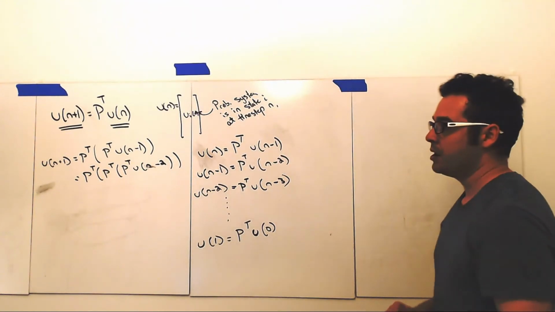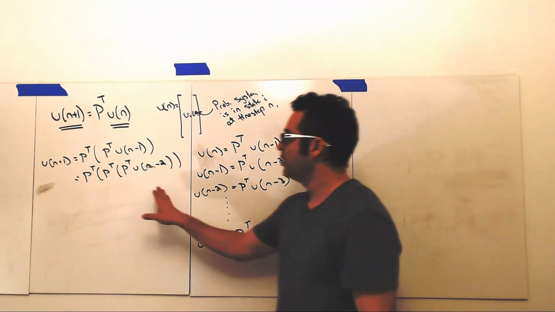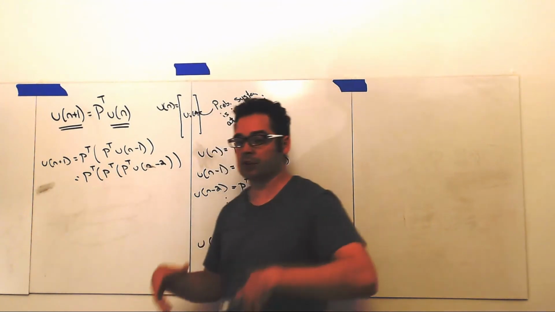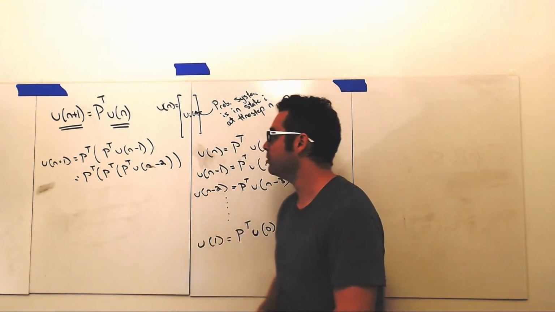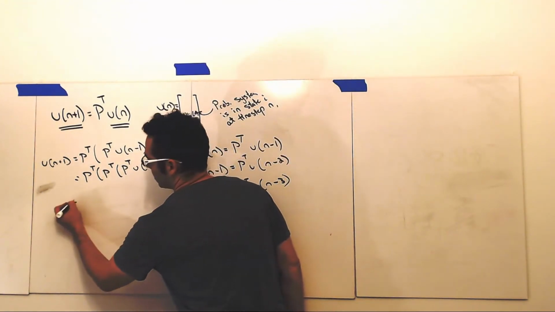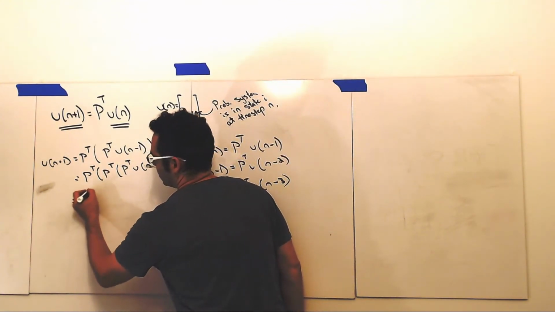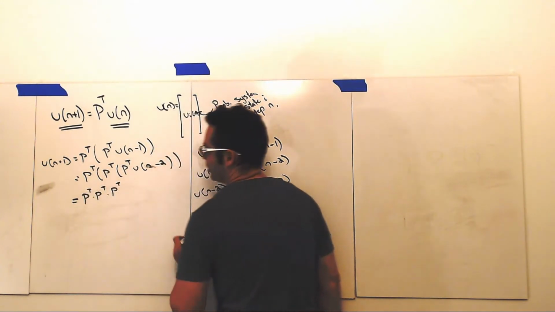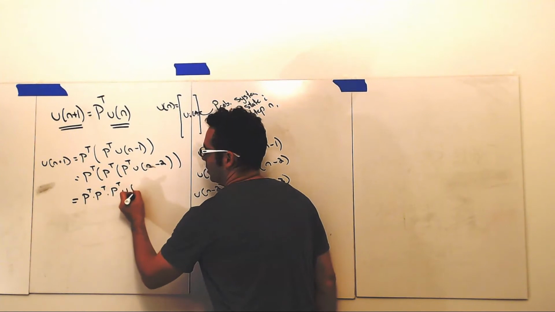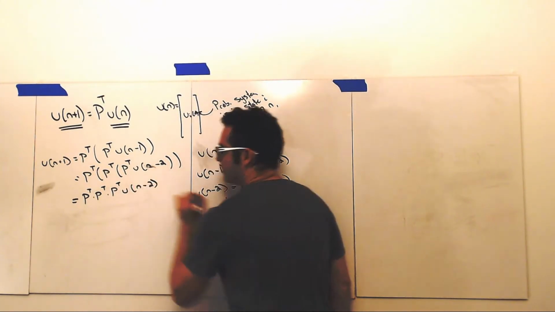Now, these p's are just matrices that are doing the multiplication, so in fact, we can pull them out. One way we could write this is p transpose times p transpose times p transpose times u of n minus 2.